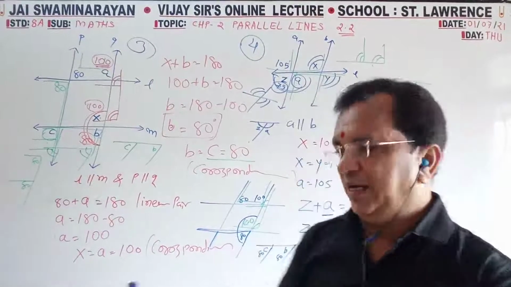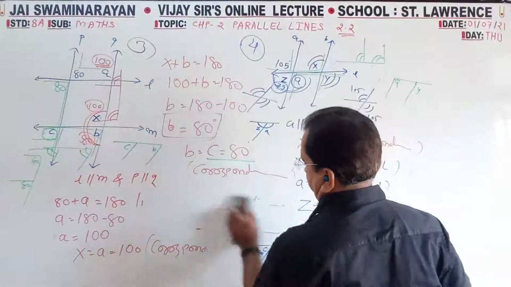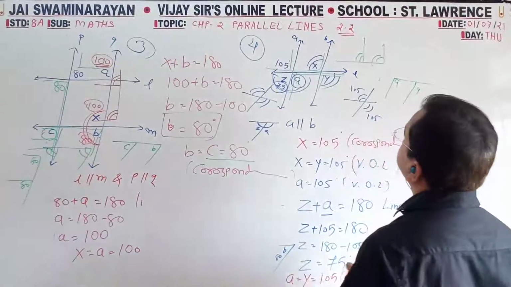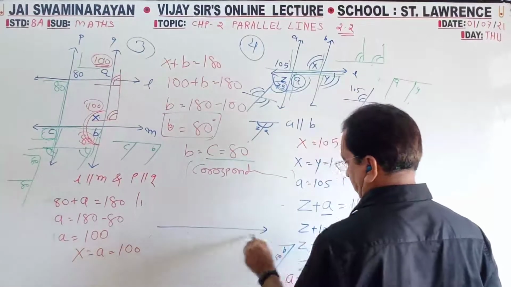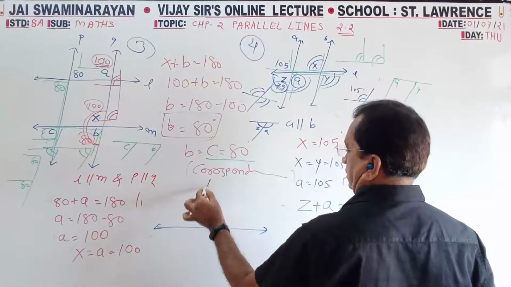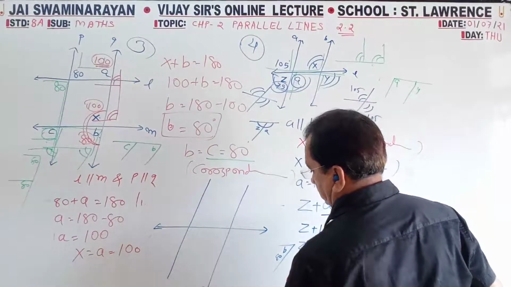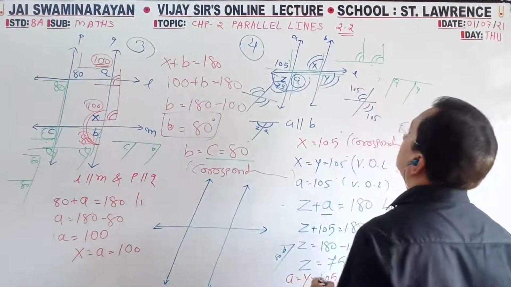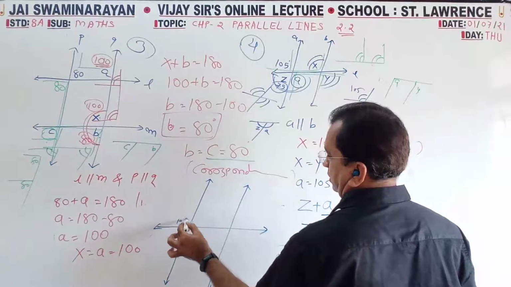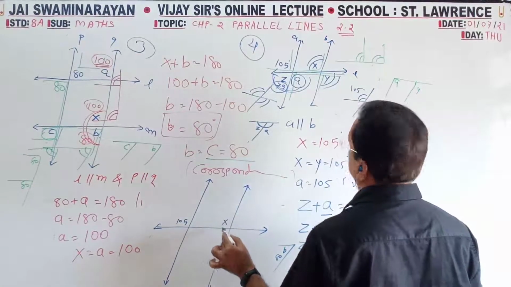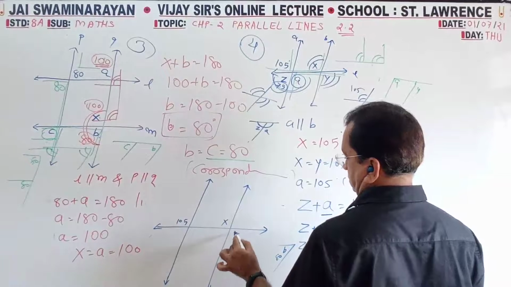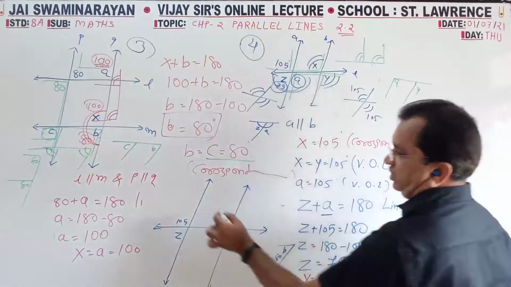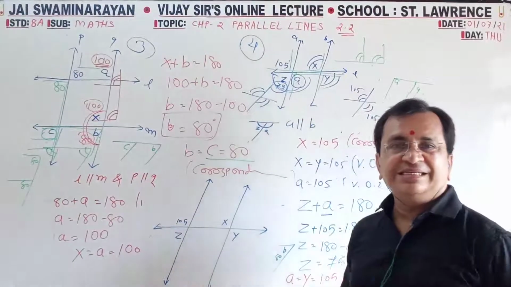Same I am explaining again. X, Z. So it is nearby angle, next to next angle.